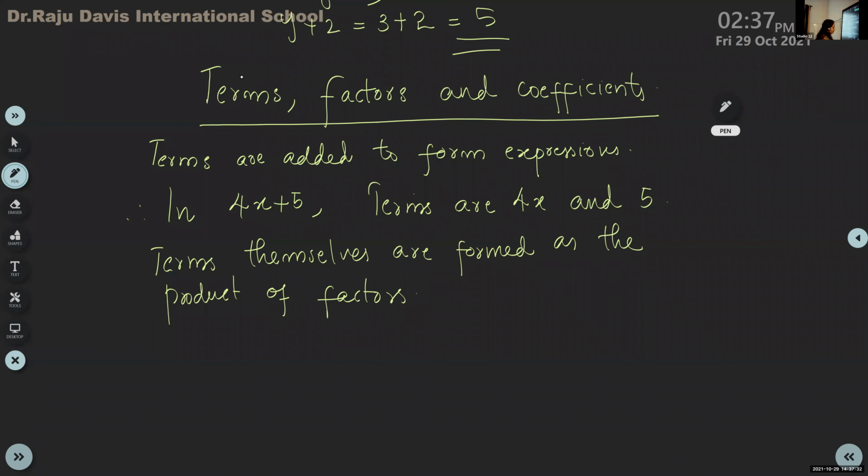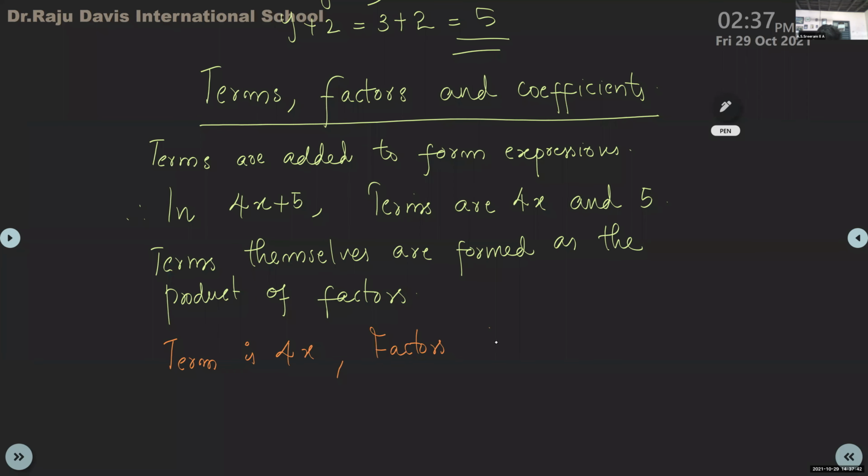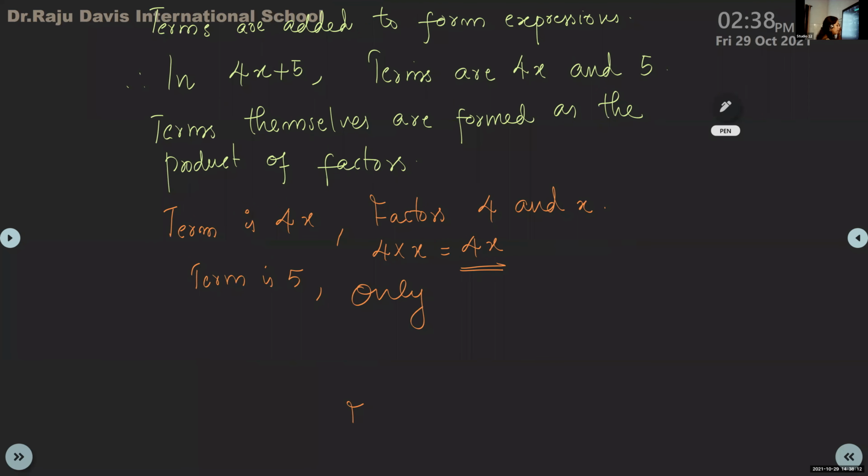Clear, children? Like this, term is 4x. What are its factors? 4 and x, because 4 into x forms 4x. And what about 5? Only one factor, 5.